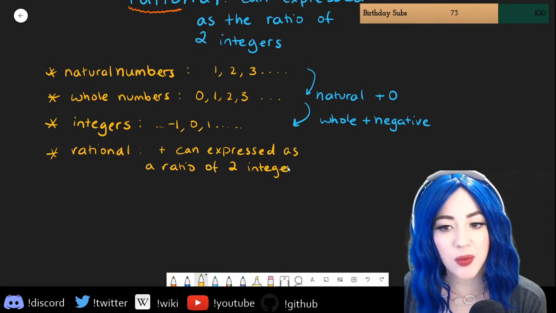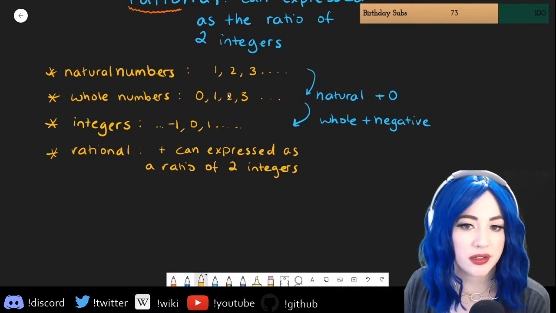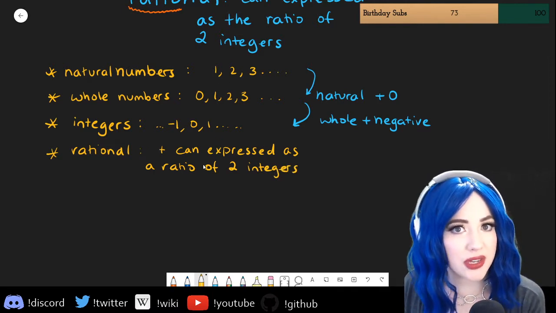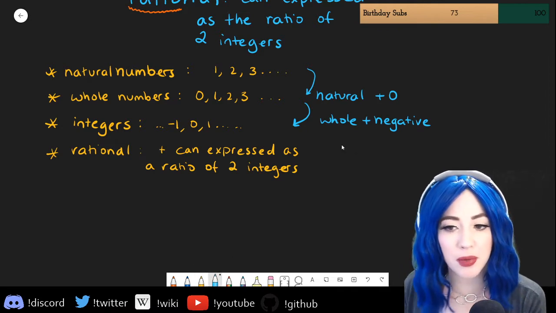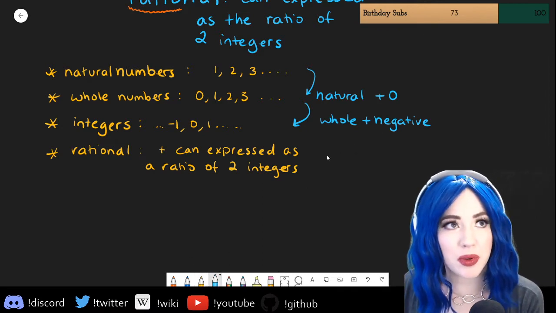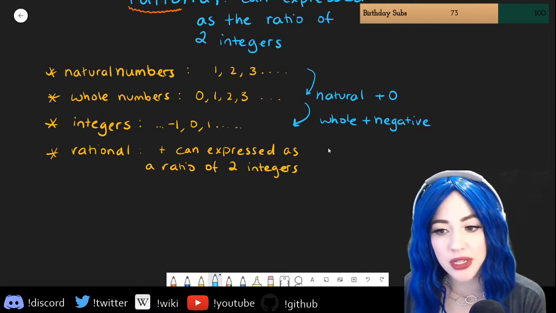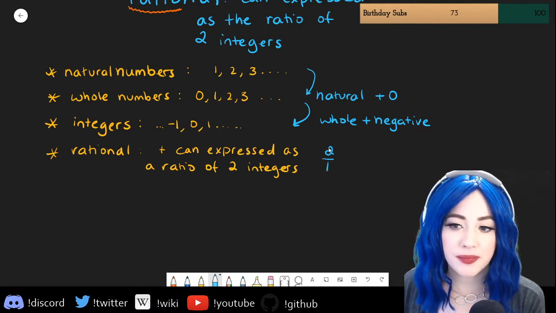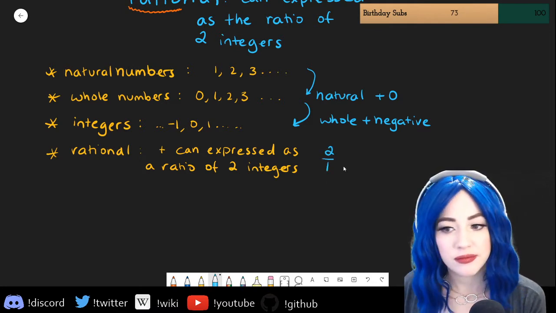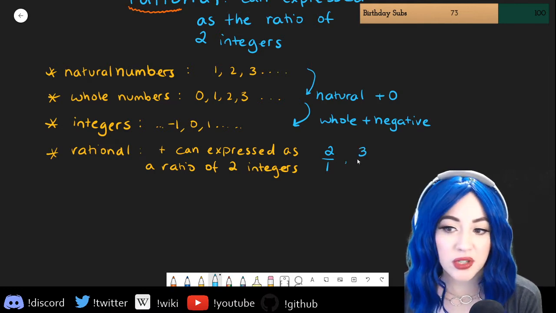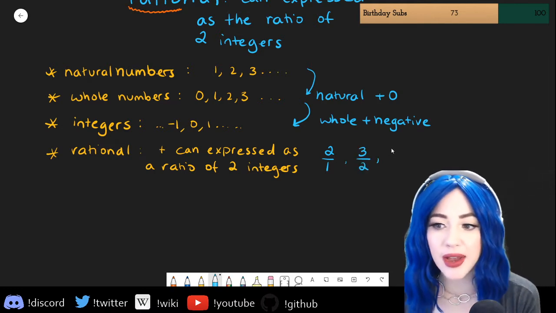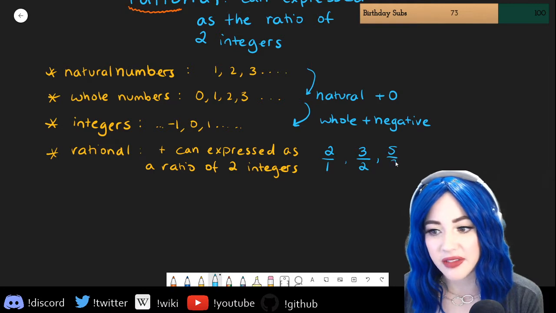And you might ask, wait a minute, 1, 2, how do we express those as a ratio? Just remember what we were talking about with our identity properties: 2 over 1, here's a ratio. But that also still holds true for 3/2, 5/7, etc.